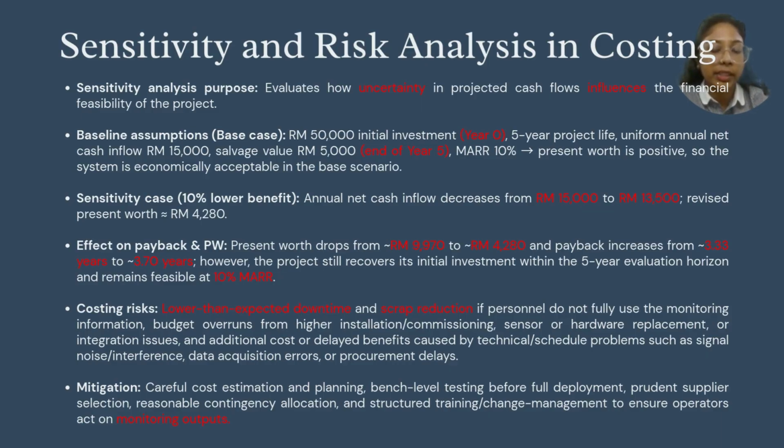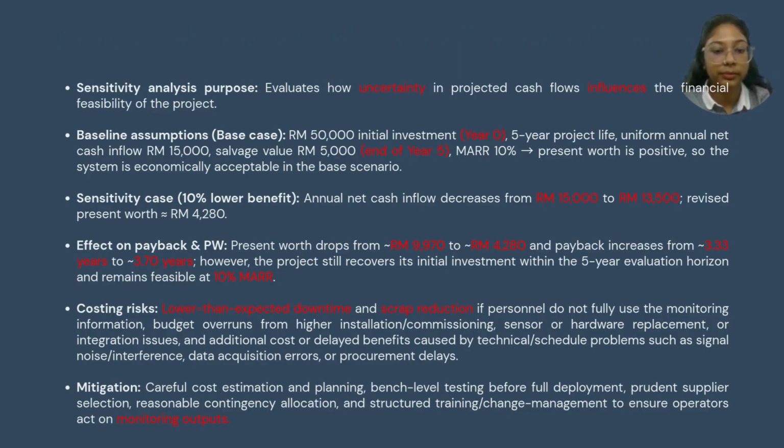To mitigate the risk, we have to be careful in cost estimation and planning, do bench level testing before the full deployment, make prudent supplier selection, allocate a reasonable contingency, and use structured training and stage management to ensure the operators act on the monitoring outputs.